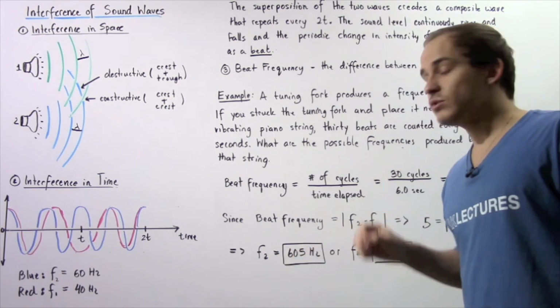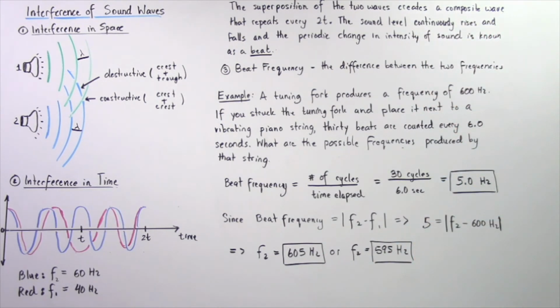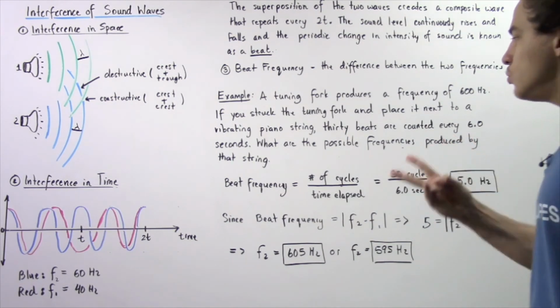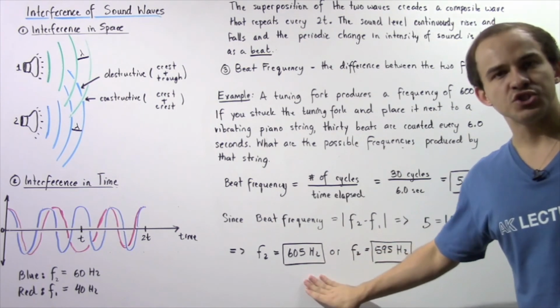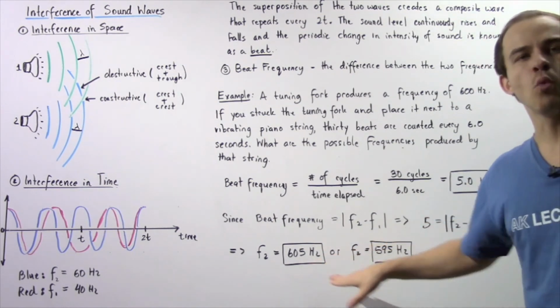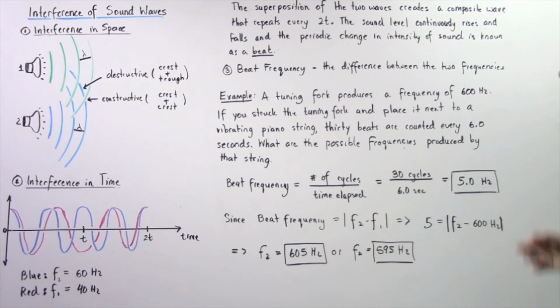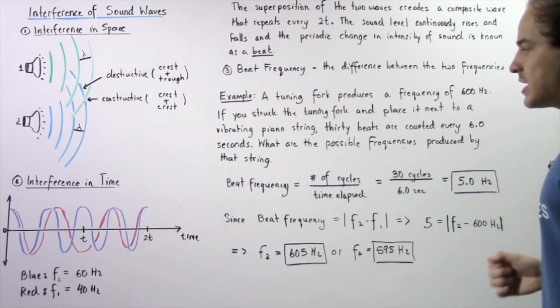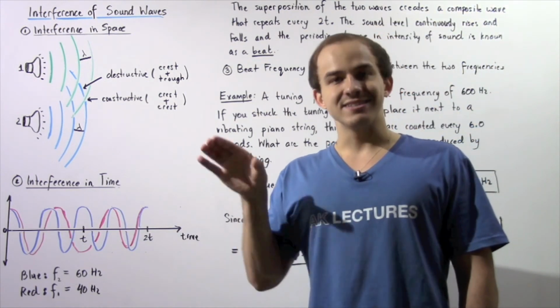Either F2 is equal to 605 hertz or F2 is equal to 595 hertz. So our piano string has two different possibilities for frequencies, either this frequency or this frequency. Either one works because the beat produced for both of these is 5 hertz in each case. In other words, the beat frequency is 5 beats every single second.